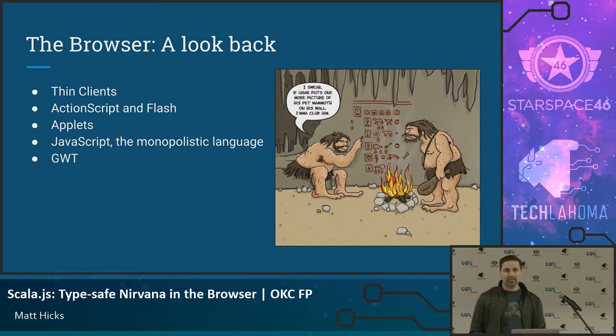And so you've got dozens of languages out there that compile down to JavaScript so that they can use their language in the browser. And that's essentially what Scala.js does for us. For a long time we had ActionScript and Flash, but we won't drudge up those memories. GWT, have any of you guys used GWT before?